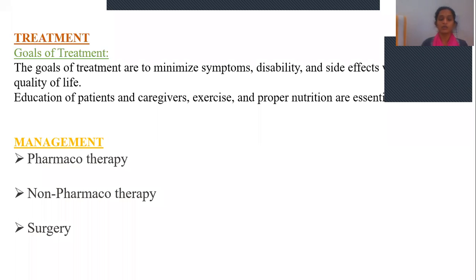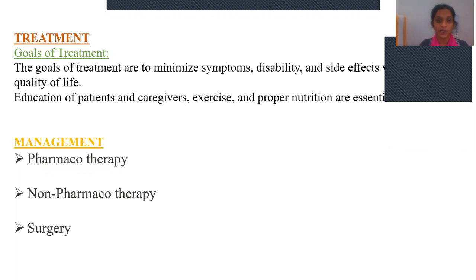So what were the goals of treatment? In any disease, the first goal of treatment is to minimize the symptoms and the disability, because patients will be unable to stand properly and unable to do their normal activities. We should also try to minimize the side effects that come after using these medications.